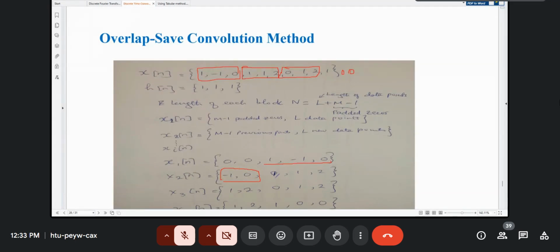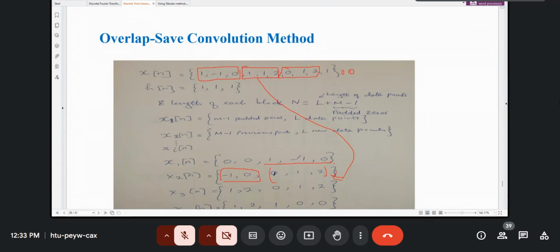But for the second one, you add the last m minus 1 samples of the previous subsequence, once you have divided your long block into smaller sequences.